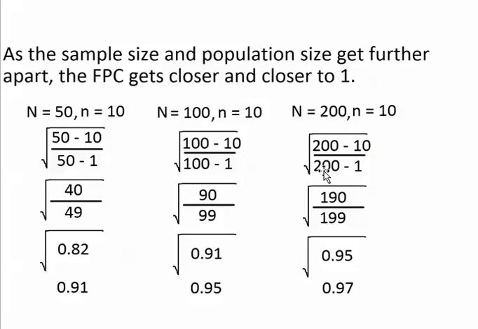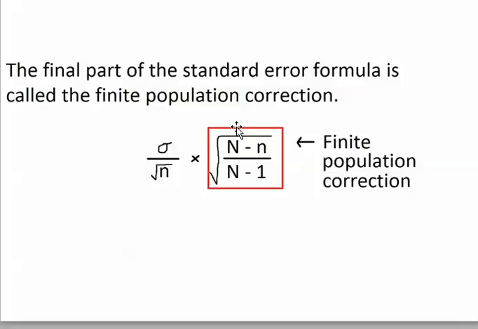And the reason why that part of the formula can be left off is because when the population is 20 times larger than the sample, the FPC comes out to about 1. It's pretty close to 1. And if the FPC equals 1, then it doesn't really do anything to the formula.